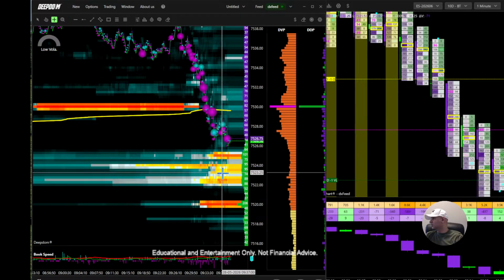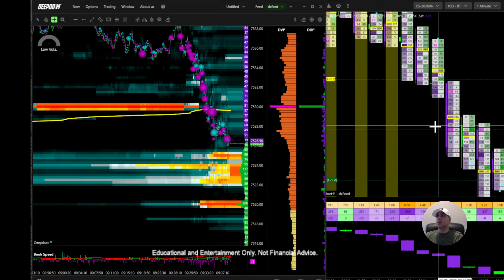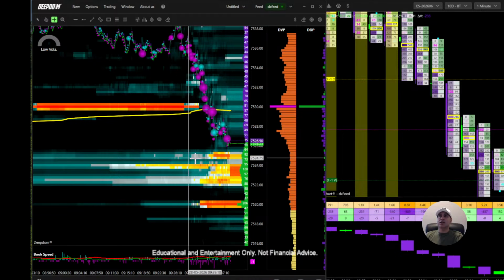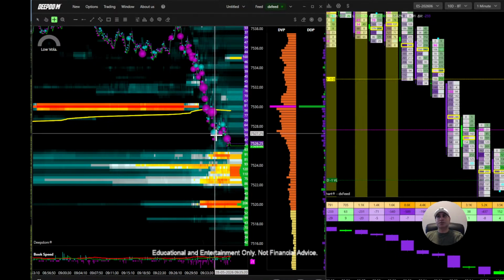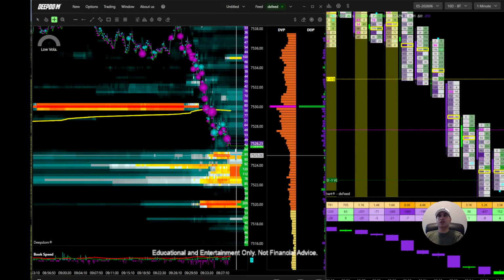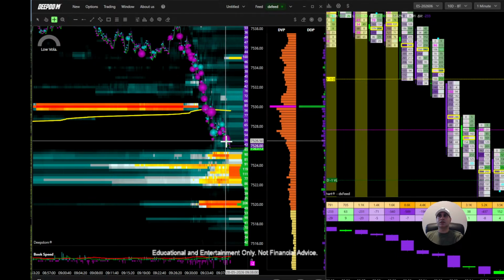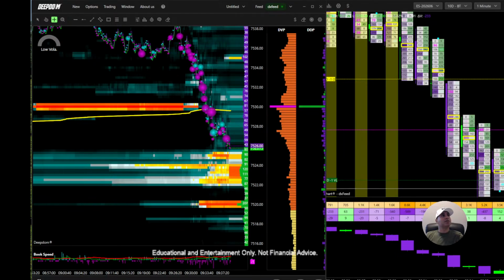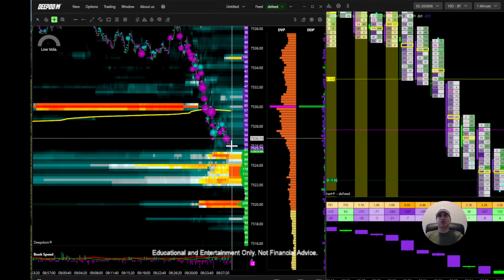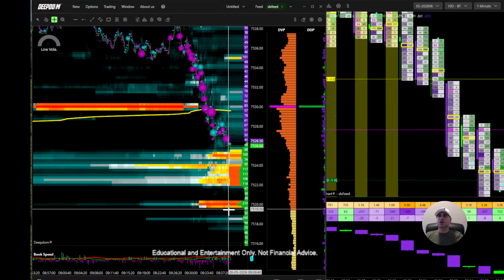Can you see this screen? Yeah, this is a footprint chart that I use, 1 minute footprint chart, and it's a heat map. Shows lots of passive buyers, but sellers are trying to go through this. If they break this one, they will go up to the next one, which is up to here.